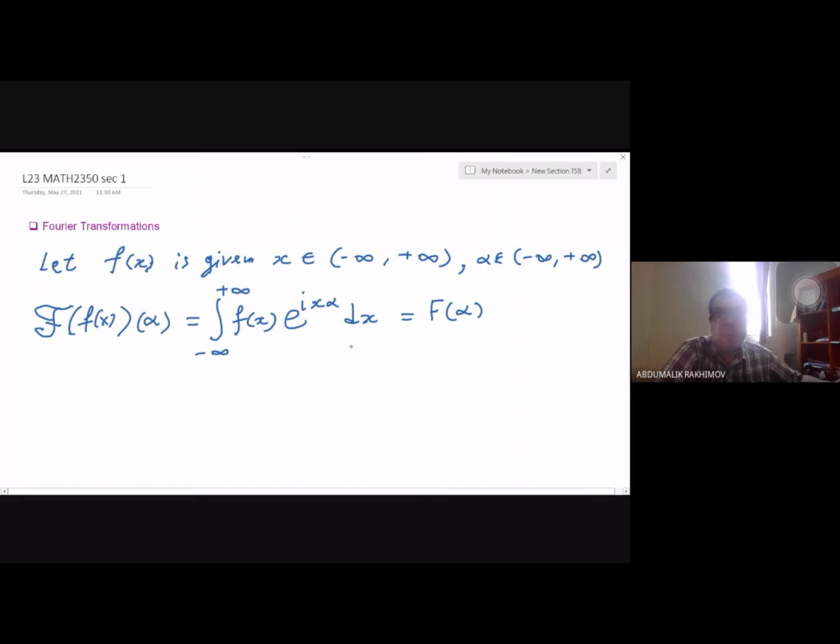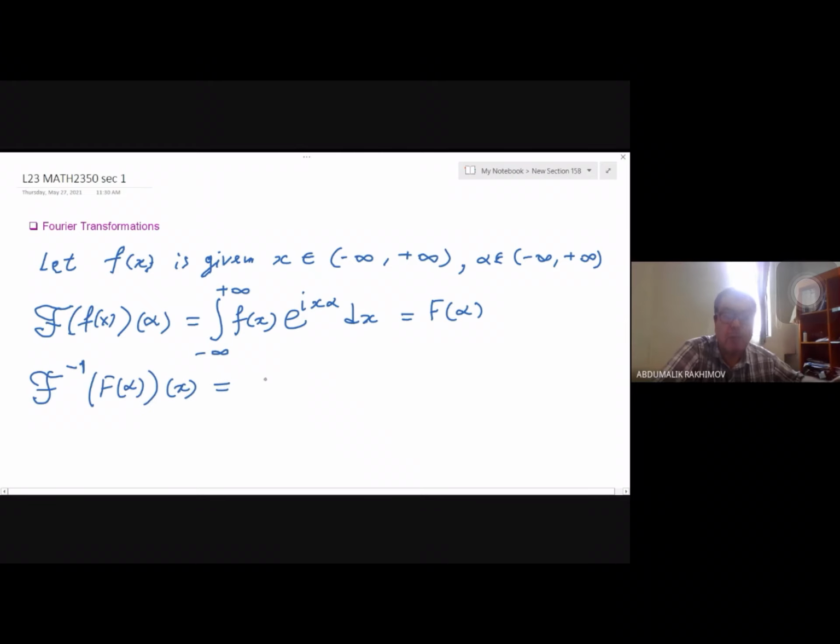And if you know F(alpha), you can restore the original function. So we also have an inverse transformation. Inverse transformation, let me denote by F to the power minus 1 of F(alpha). It's acting on the image function, right? And the result is a function of x.